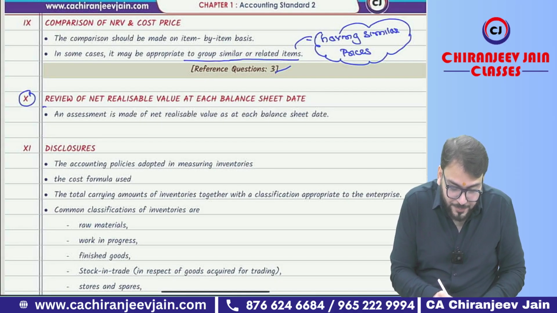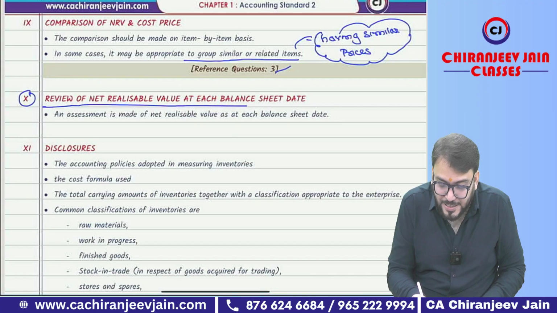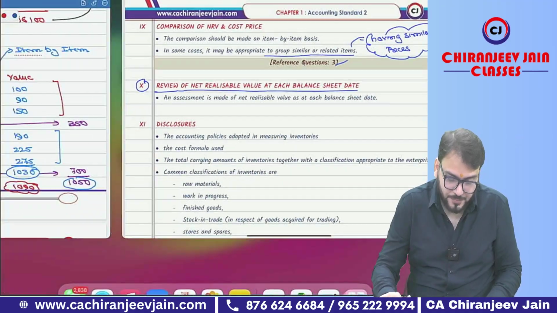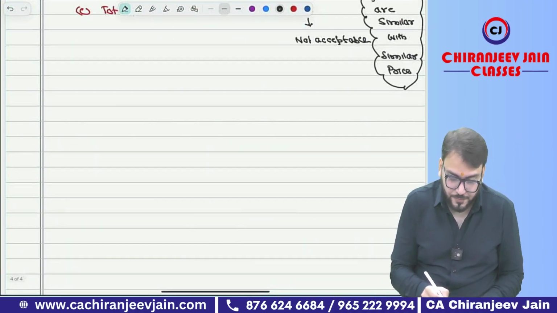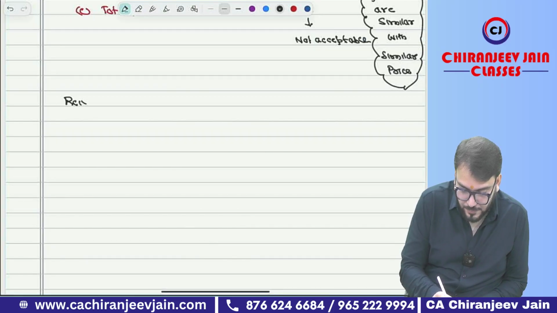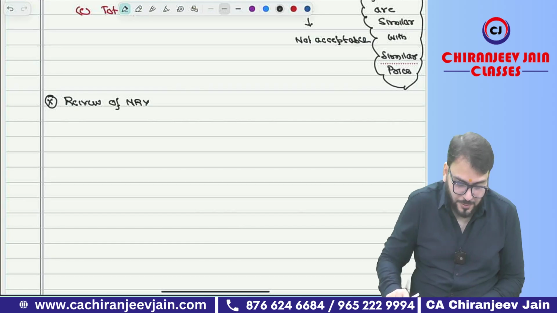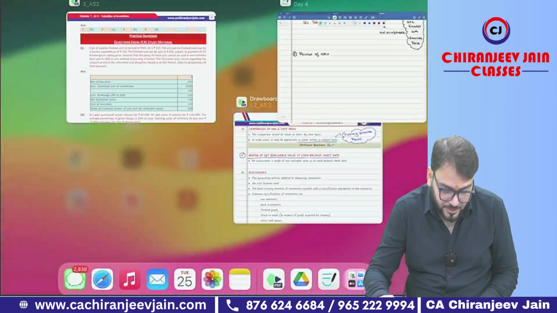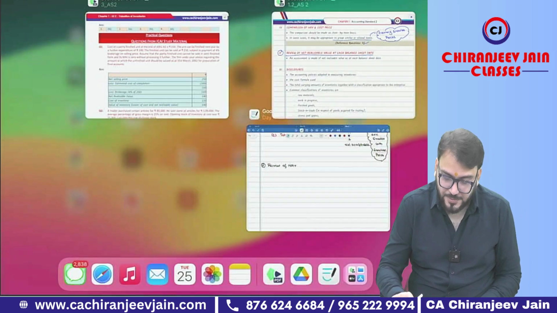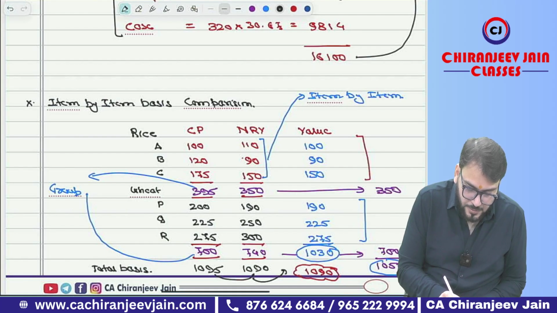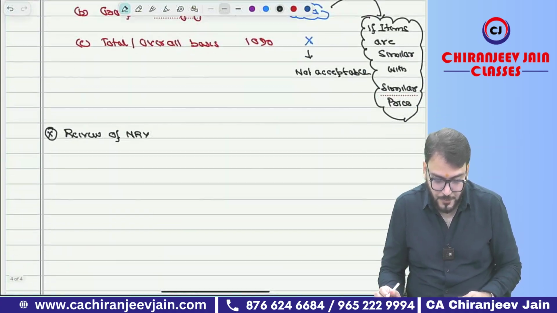The next point is our review of NRV at each balance sheet date. Of course, can I say NRV should be reviewed? Let me take one example. Write down the point number, it is 10.